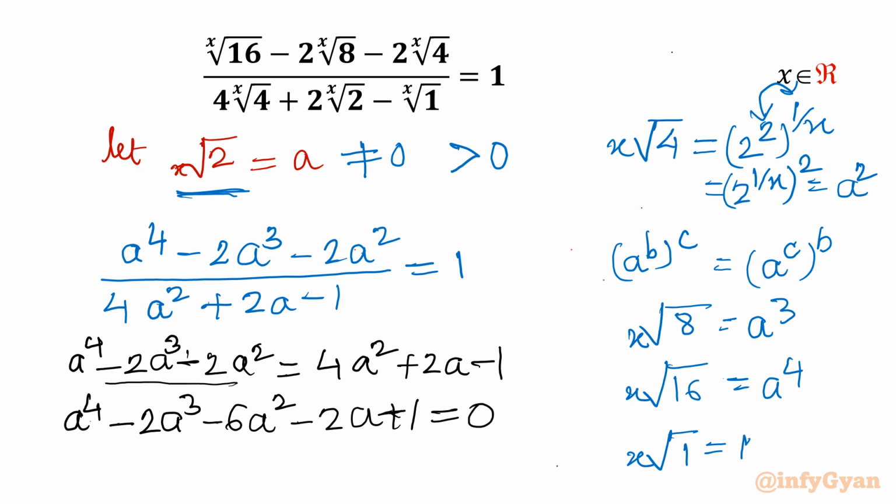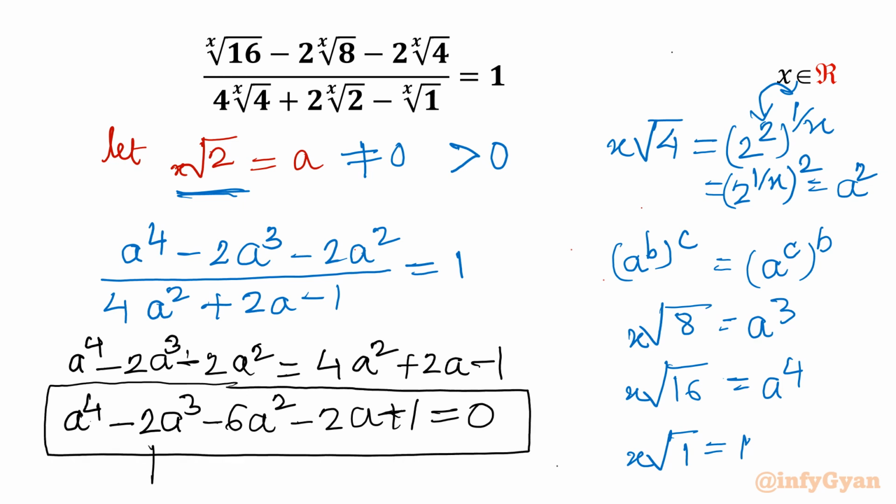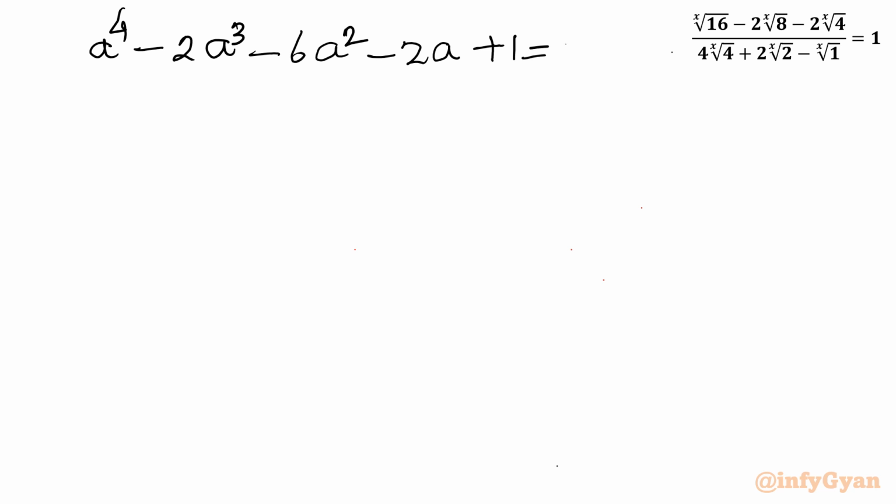If you see the coefficients of this quartic equation, we are having similarity in the respective terms or coefficients. So I can consider the division by a square. So let us write this equation: a power 4, then minus 2a cube, then minus 6a square, then minus 2a, then plus 1 equal to 0.